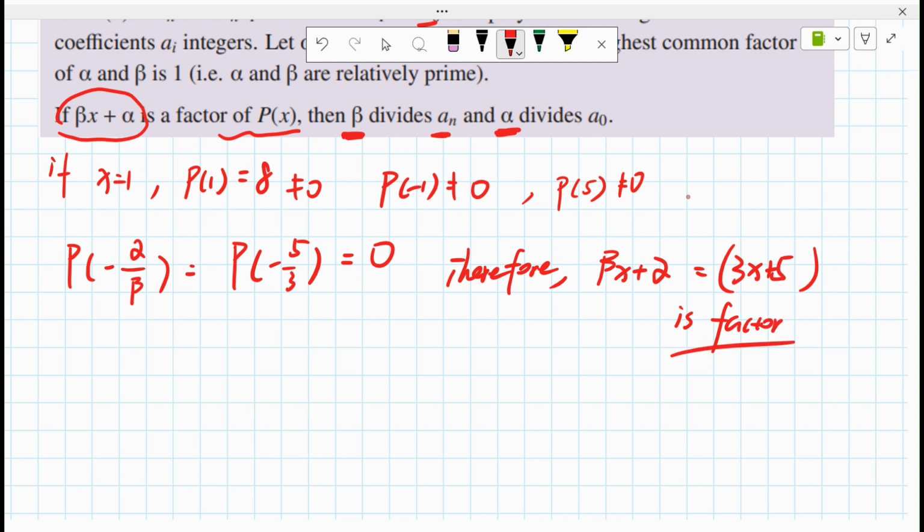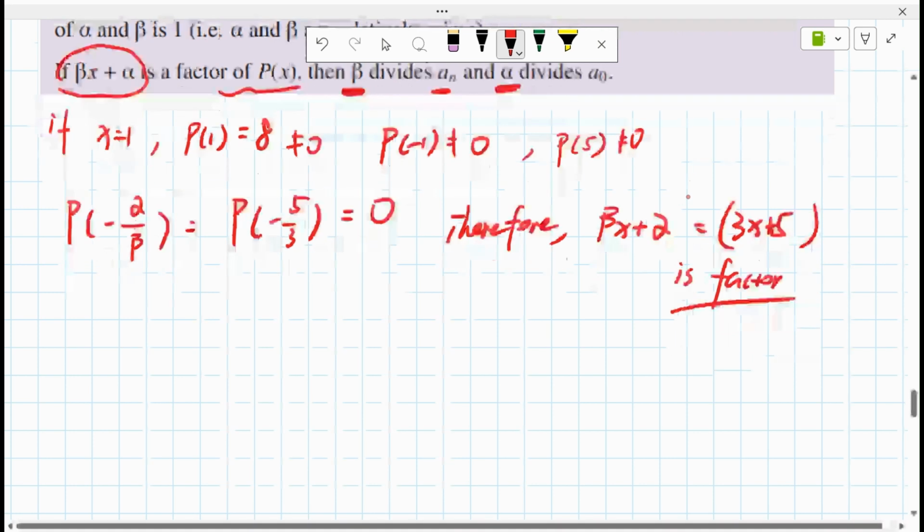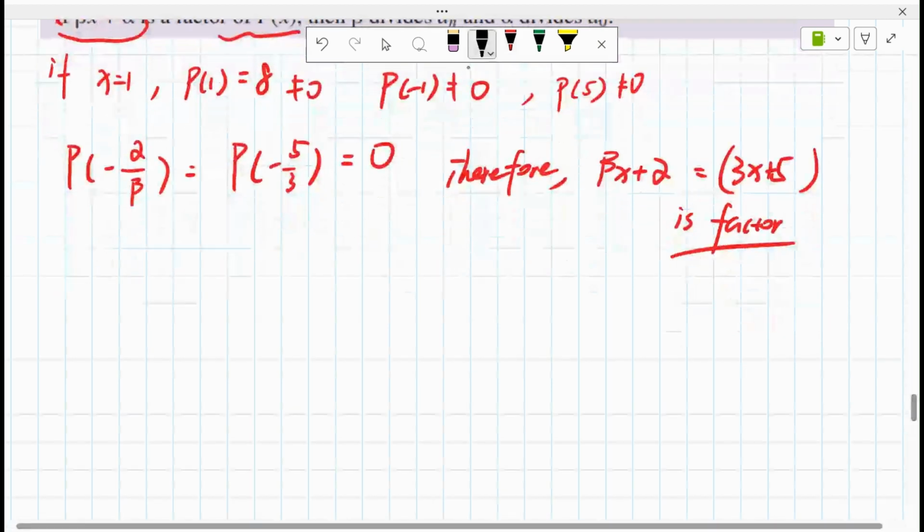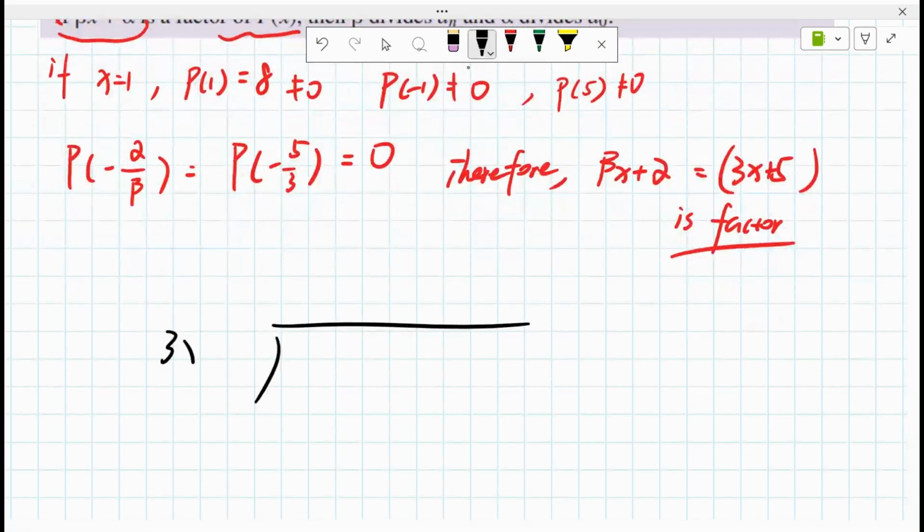And now we can use long division to find the rest of it. So we do 3x plus 5 into 3x squared plus 8x squared plus 2x minus 5.